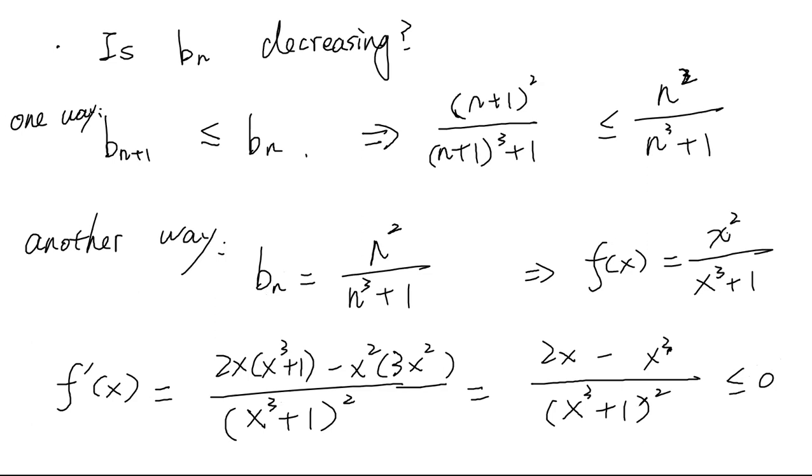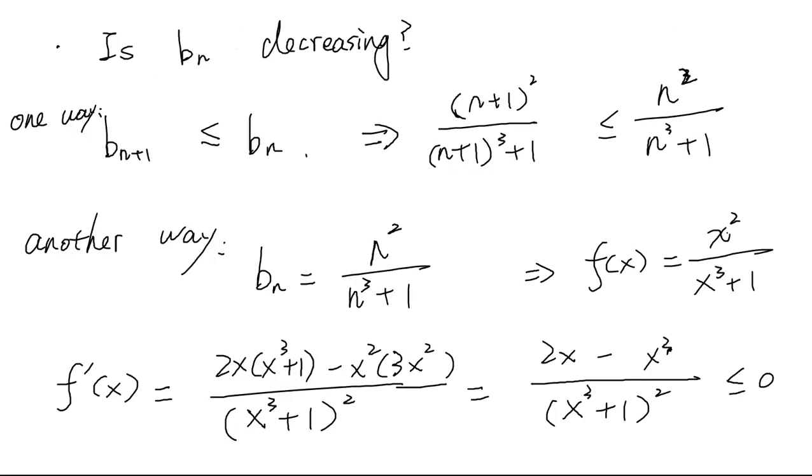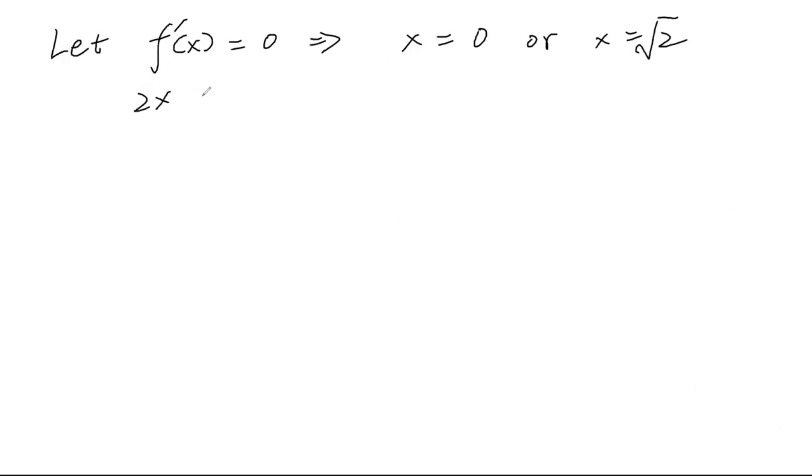So you let f prime of x be 0, and you get x equal to 0, or x equal to square root of 2. Just solve this equation, where you get 2x minus x cubed equal to 0, or x equal to negative square root of 2.